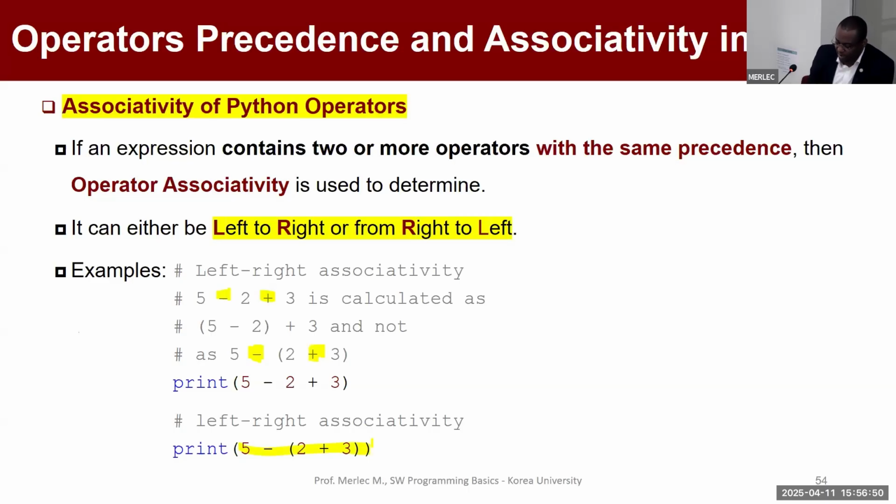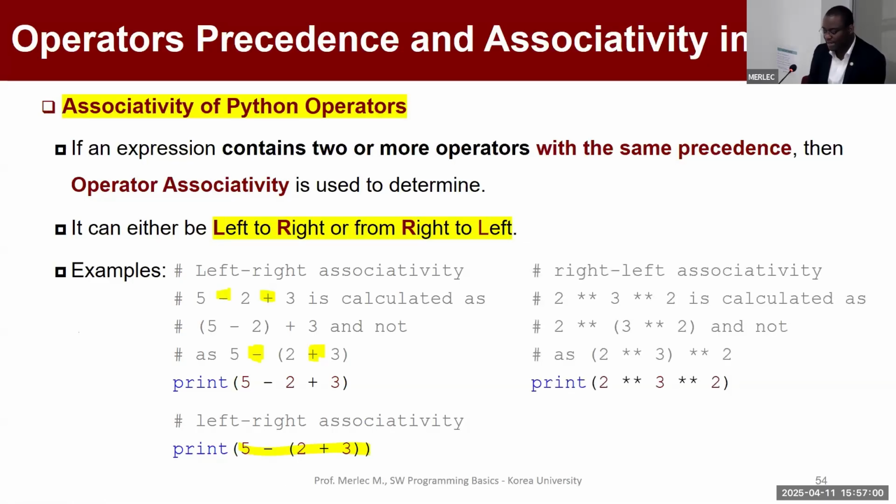If, for example, you want to implement another logic like 5 minus 2, so enforce that logic by placing the parentheses at the right position. Otherwise, you will get another result. Same for the exponentiation. We first try to evaluate this operator and this operator.